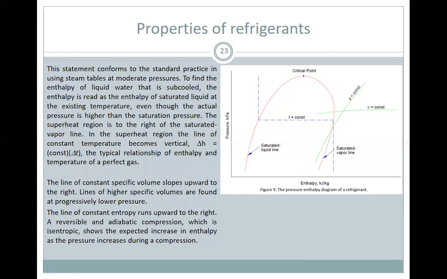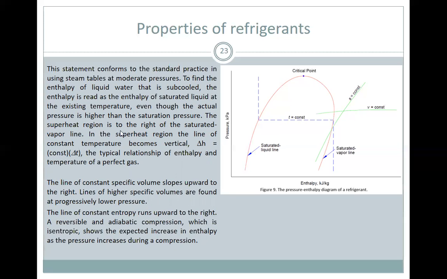So this statement conforms to the standard practice in using steam tables at moderate pressure. So to find the enthalpy of liquid water that is subcooled, the enthalpy is read as the enthalpy of saturated liquid at the existing temperature, even though the actual pressure is higher than the saturation pressure.